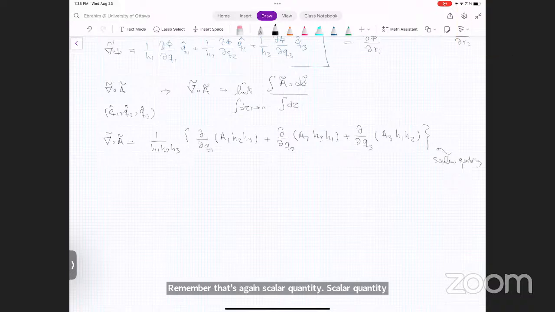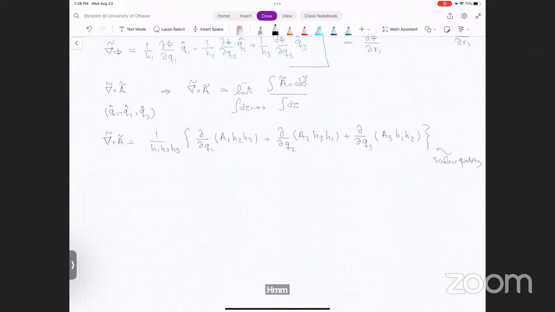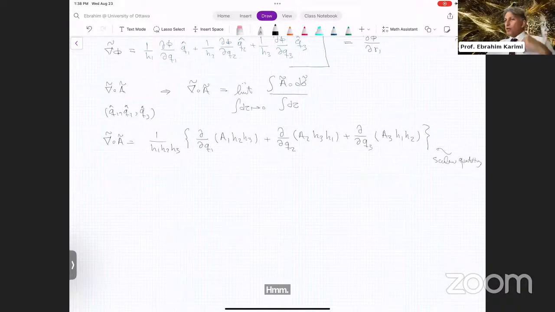Okay. Thank you, Professor. There is a question that Subhra asked. Subhra says you have written the form of the differential of distance dr in general curvilinear coordinates, but how do you write the distance r in curvilinear coordinates in general form? So, you can still write the dr in the way that I have written.